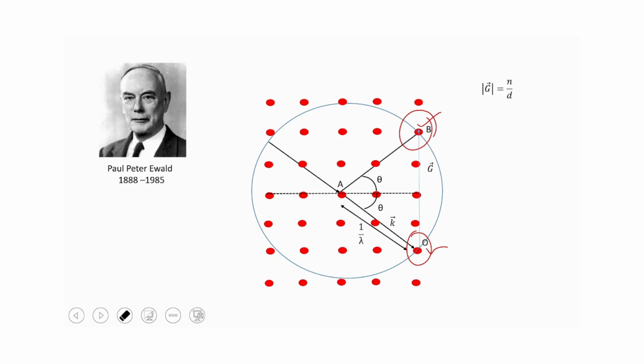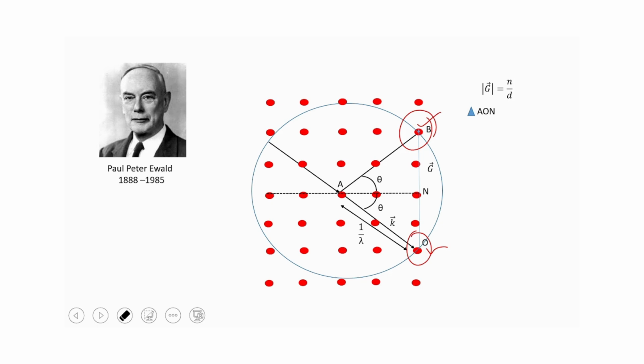Now let us analyze the geometry. Consider the triangle AON, which is a right angle triangle.